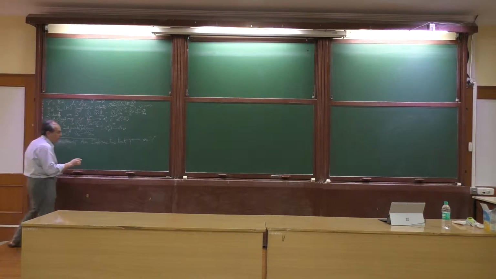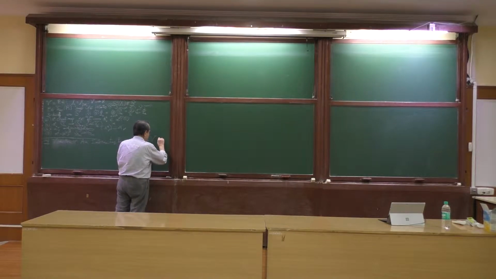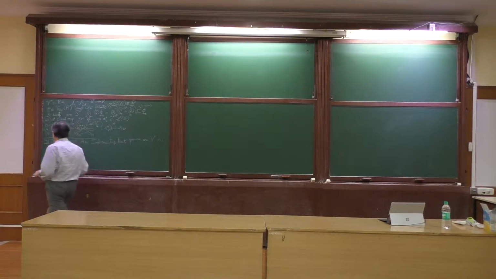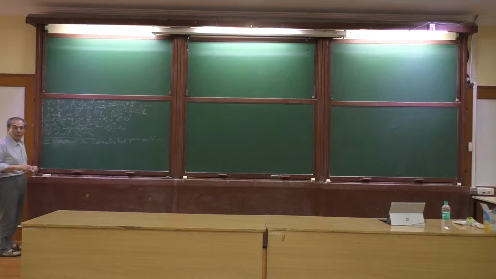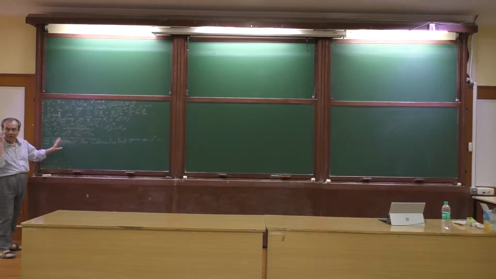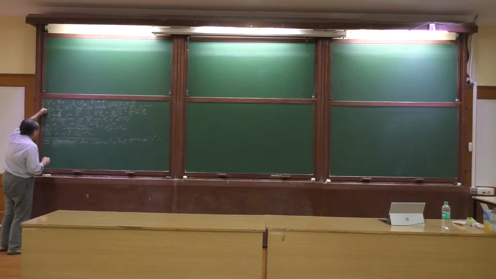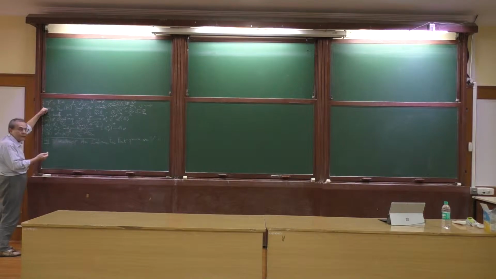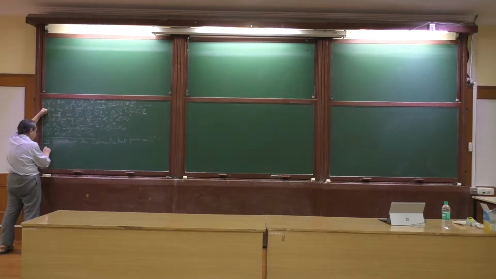An interacting Fock space is, so V is a Hilbert space or just a vector space? What? V is a Hilbert space? No, just a vector space. An interacting Fock space on V is a pre-Hilbert space. I want to work, remember, in the pre-Hilbert category.